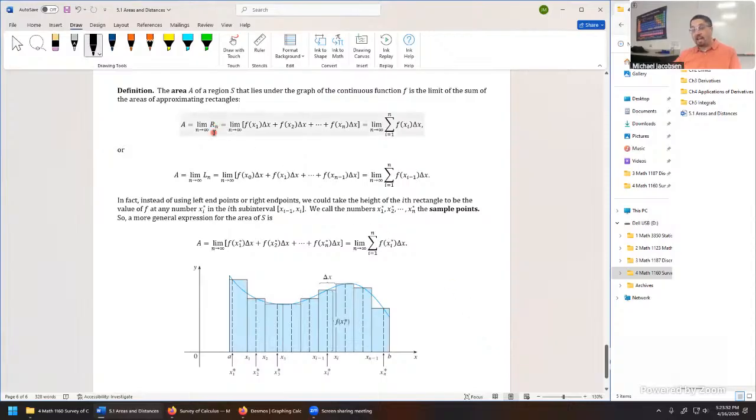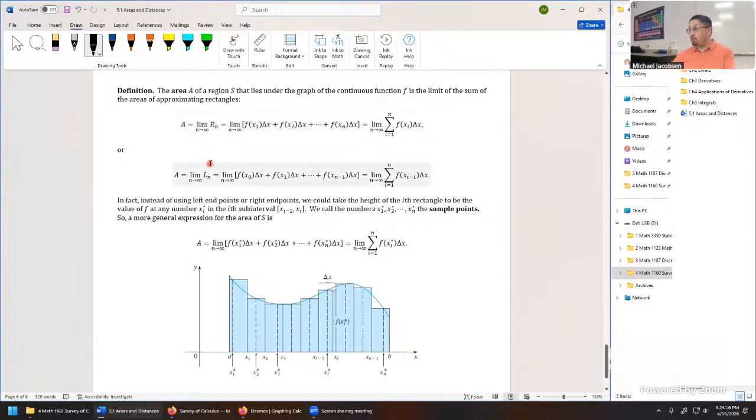You take the limit of the right endpoint rule with n approximating rectangles. This is what it would look like. And if we use sigma notation, we'll explore that in the notes as well. This is just a compact way of saying the same information. But notice there's no approximation here. The area is defined to be the limit of the approximating rectangles at right endpoints.